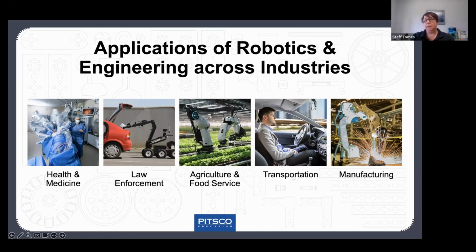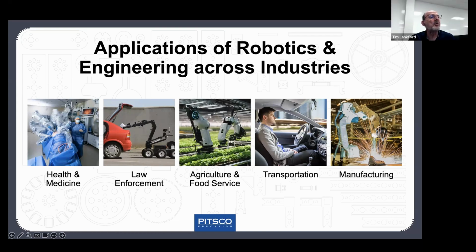So in health and medicine, we know we have surgical robots that help with precision. In agriculture and food, there are robots now that have lasers that pick weeds and kill weeds in crops to make things more efficient, but also make it safer with how we grow and harvest our crops.